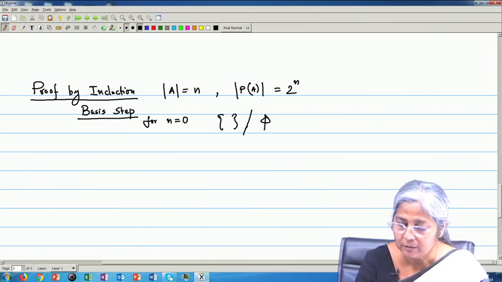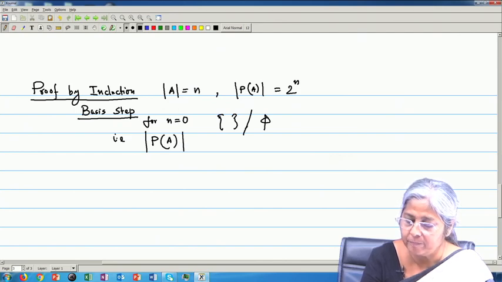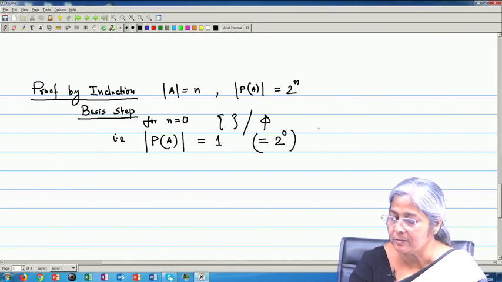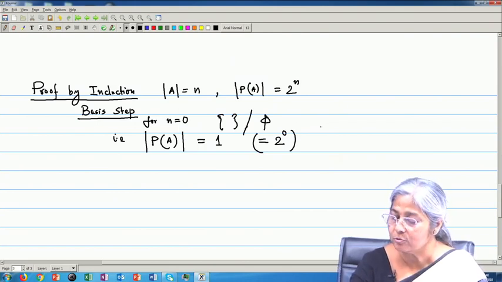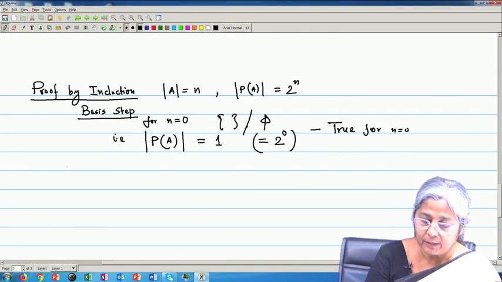So, that means the cardinality of the power set is 1, and we know this is equal to 2 to the power 0. So, for the basis step, that means n equal to 0, the conjecture is true.